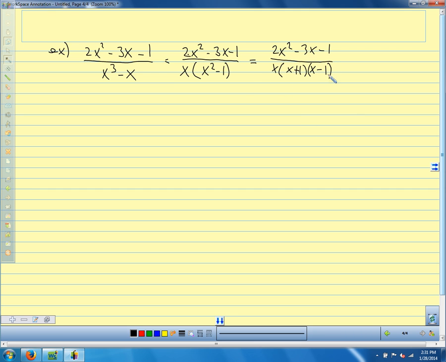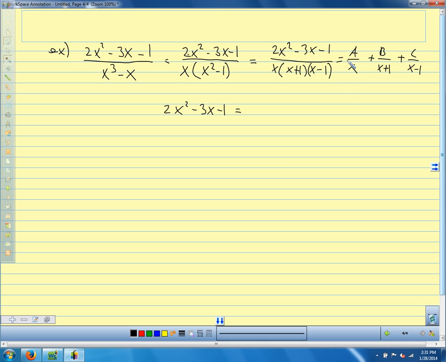So I have three linear factors. So this is going to be A over x plus B over x plus 1 plus C over x minus 1. And I'm going to multiply through by my least common denominator, that's this whole thing. So I get 2x squared minus 3x minus 1 equals, and I'm going to shortcut this process.